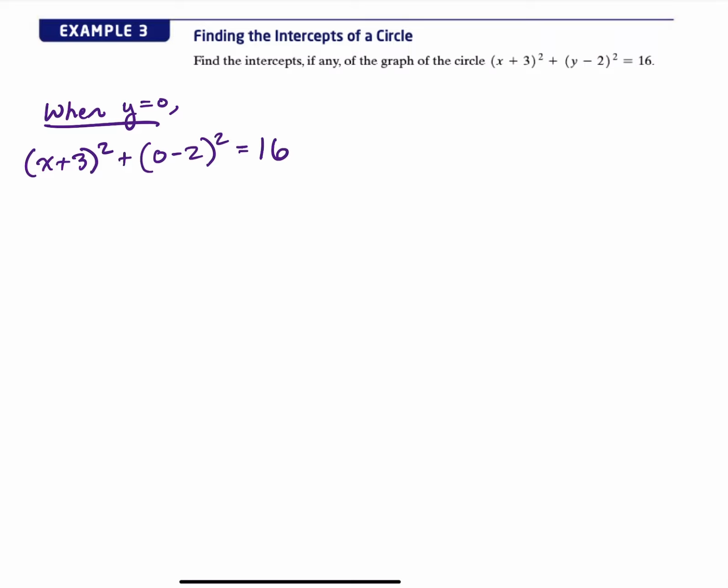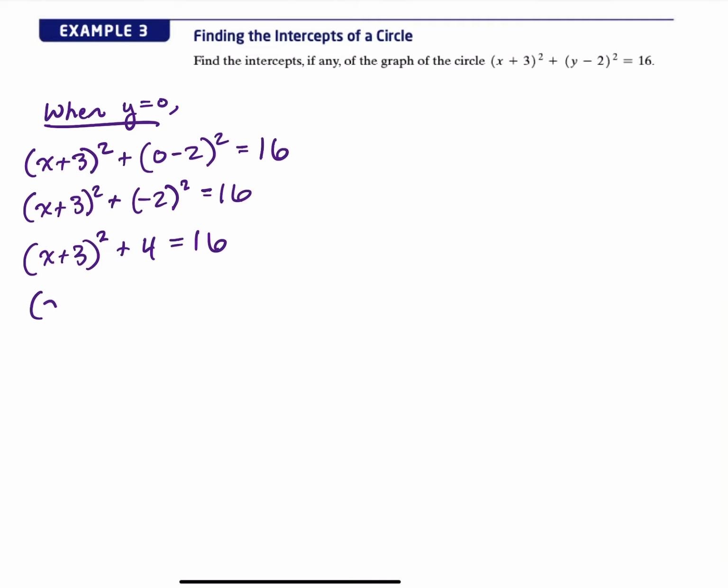We have only one variable, so we can solve for it. 0 minus 2 is negative 2, and negative 2 squared is positive 4. So I'll subtract the 4 over and get 12.